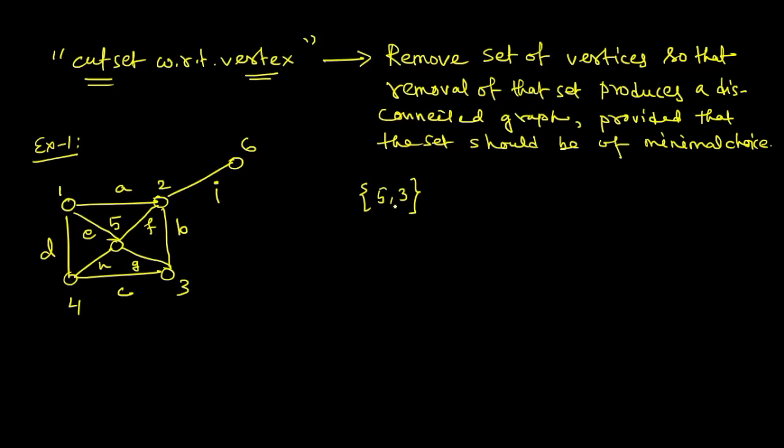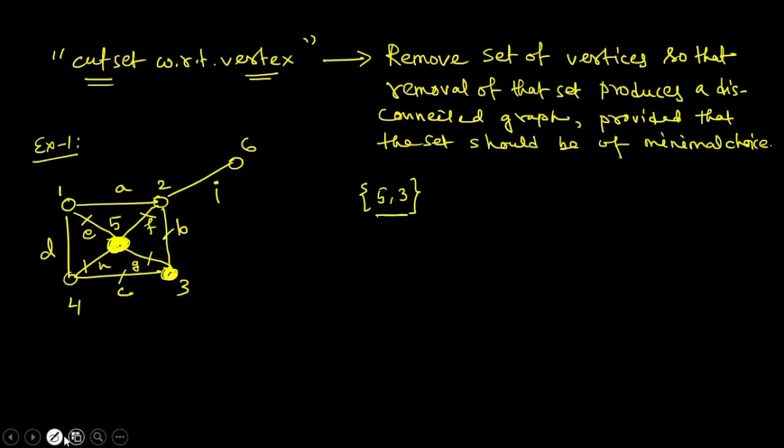See, if you remove 5 and 3, this vertex you are removing, and this vertex you are removing. So once you are removing 5, the adjacent edges, this one will be removed, this one will be removed, and this will also be removed. And once you are removing 3, the edges corresponding to this and this one will also be removed.